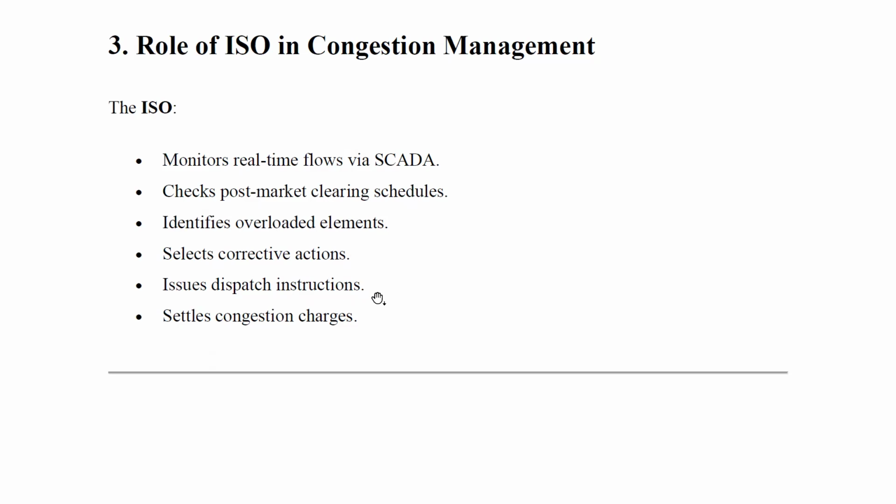If congestion happens, the transmission company has to pay the charges to the ISOs. ISOs keep on monitoring the system, and if the flow is more than the scheduled one, they will be charged penalty charges.